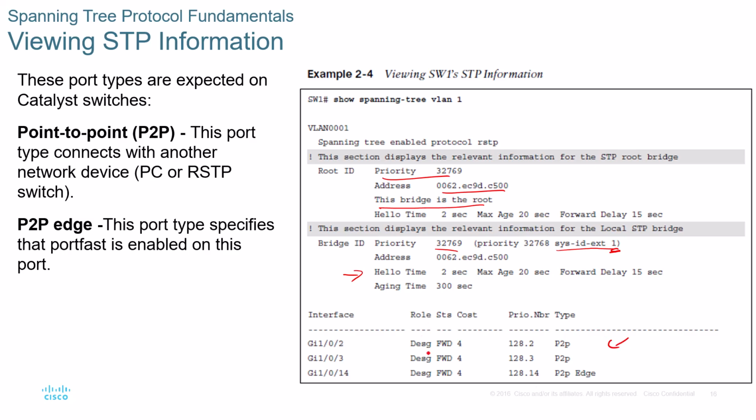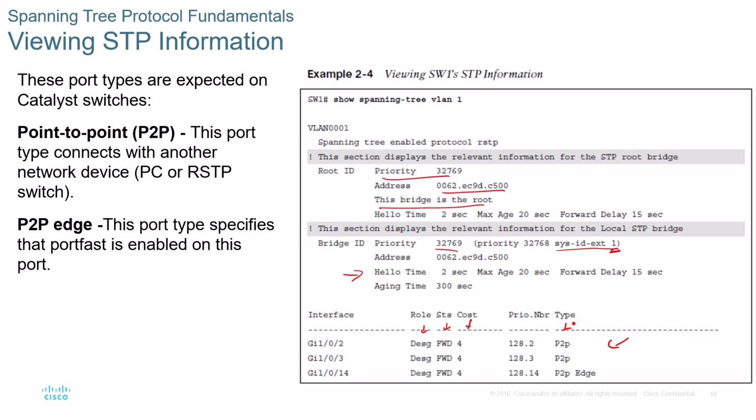We could see the timers, and then we could see the types. So this is a designated port. This is forwarding. These are the costs. And then these are the types. The P2P, basically this is the type of port with another network device. So a PC or another switch or something like that.